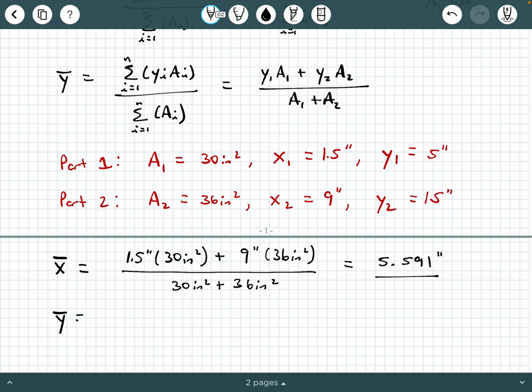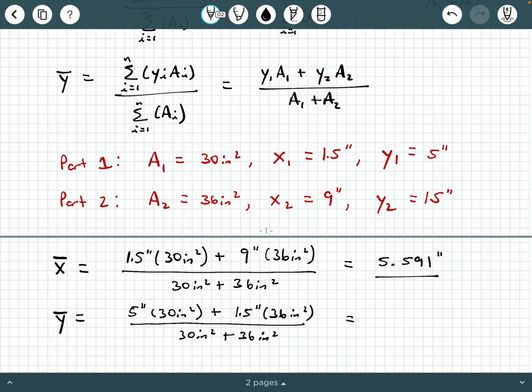And then I'm going to calculate Y bar. That's going to be 5 inches times 30 inches squared plus 1.5 inches times 36 inches squared, all divided by, of course, 30 inches squared plus 36 inches squared.